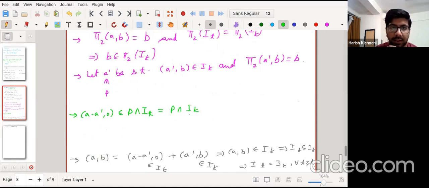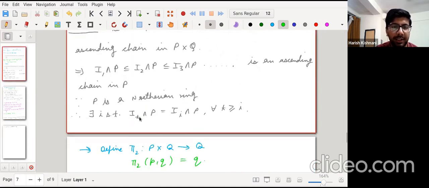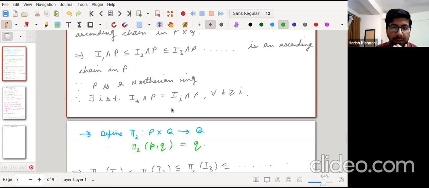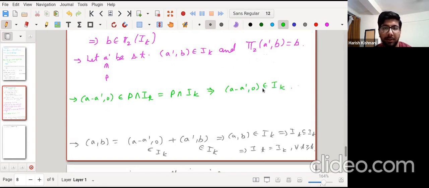Because of this second termination, you write IT intersection P or P intersection IT, that is same. So this sequence also terminates. This is inside your P intersection IK, right? And that implies A minus A dash comma 0 is inside IK, right? Because if it is in the intersection, then it has to be inside IK.